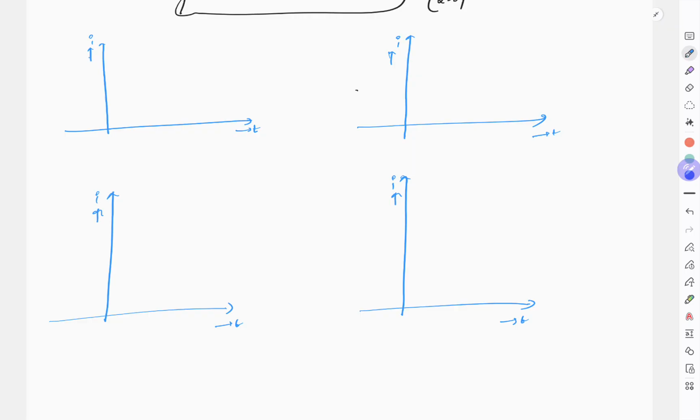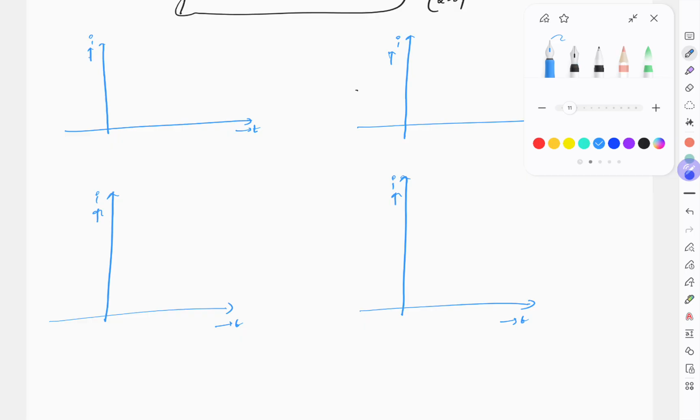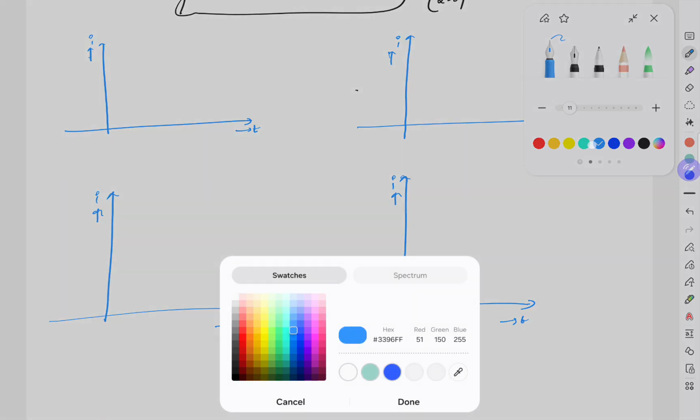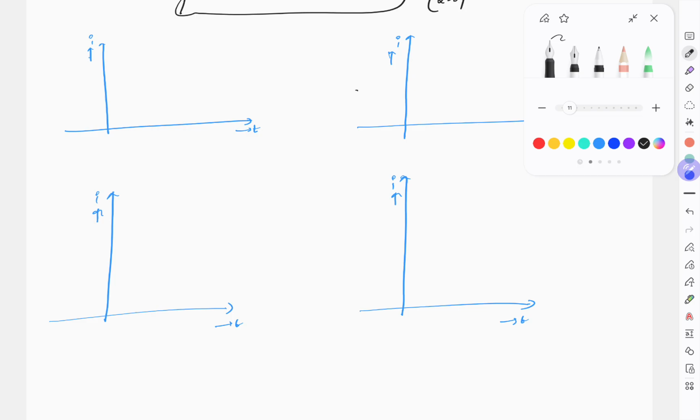First suppose the zeta value, or here you can consider zeta also indirectly. Okay, with black only I'll plot.